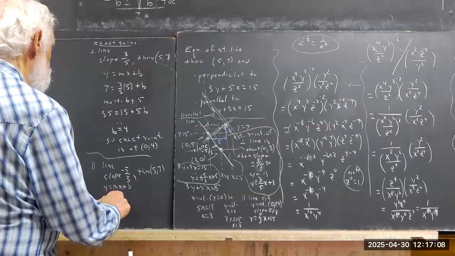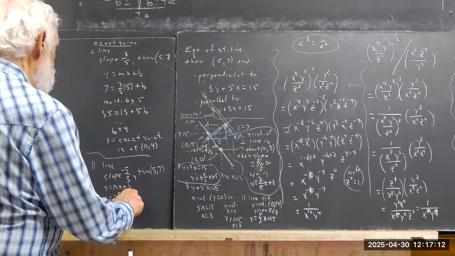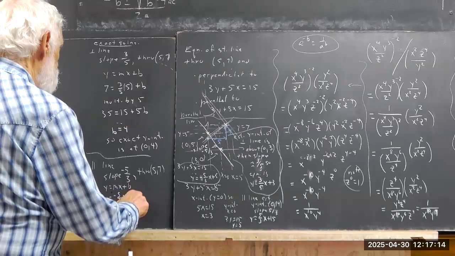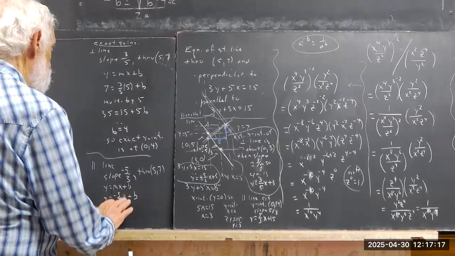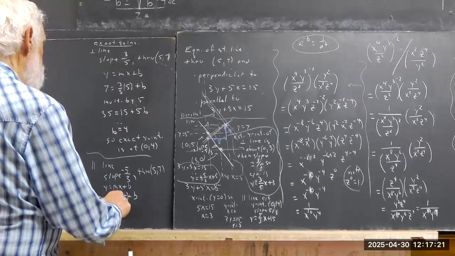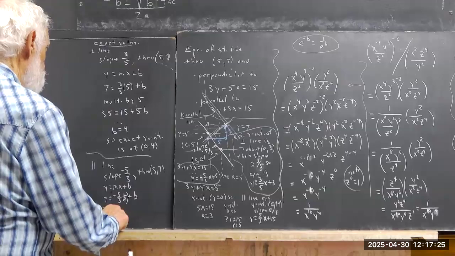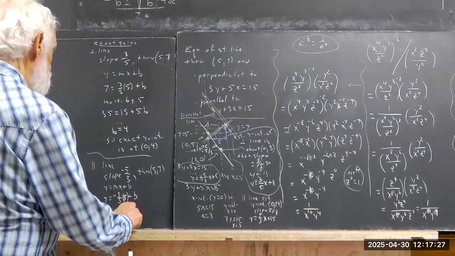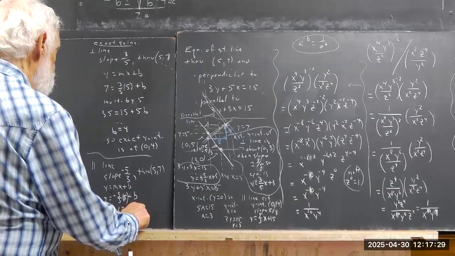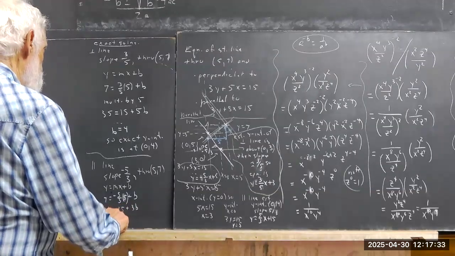We get 7 equals negative 5/3 times x plus b, and x is 5. And we multiply both sides by 3, we get 21 equals negative 25 plus 3b. And that gives us 46.